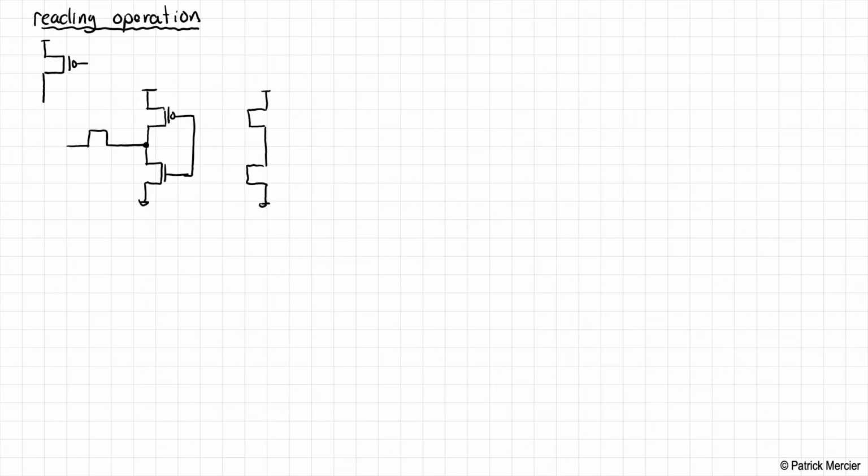This would perhaps be the bottom inverter, if you will. Okay, so what we do here is we connect the output of one inverter. Actually, let me just draw this access transistor first. So we connect the output of one inverter to the input of the other inverter, and likewise over here.